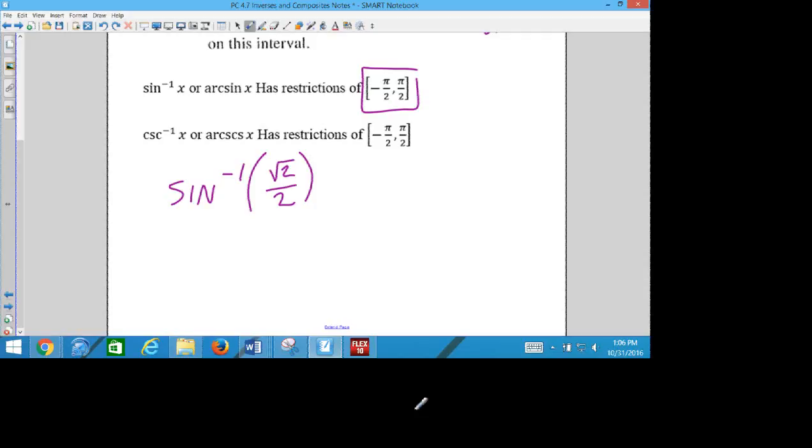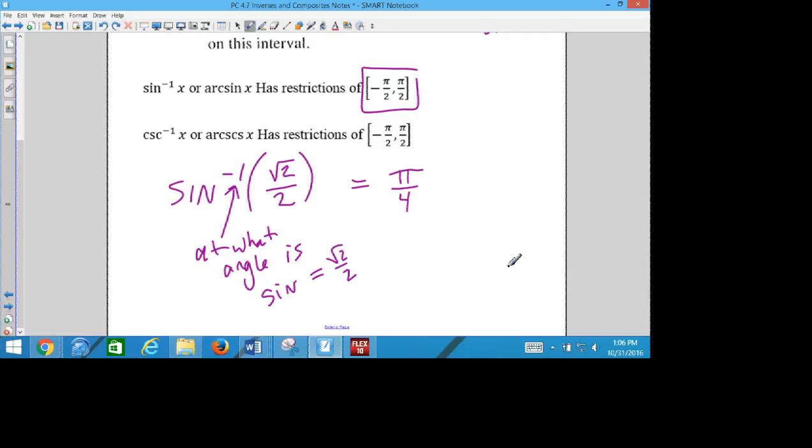I'm asking at what angle is the sine equal to square root of 2 over 2? That's what I'm asking. At what angle? Right, except we're only giving radian answers. So pi over 4 would be the correct answer.